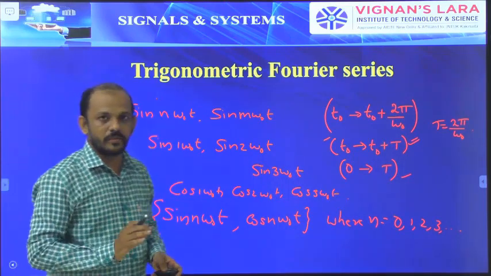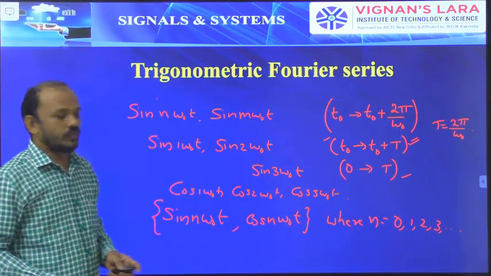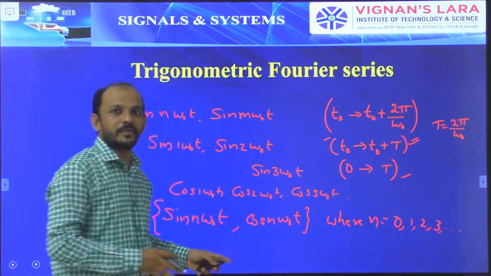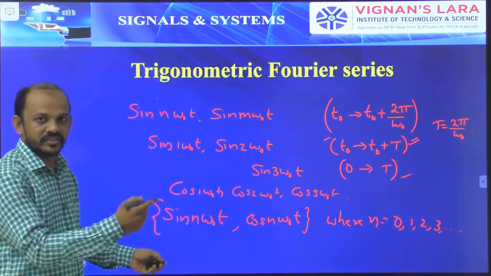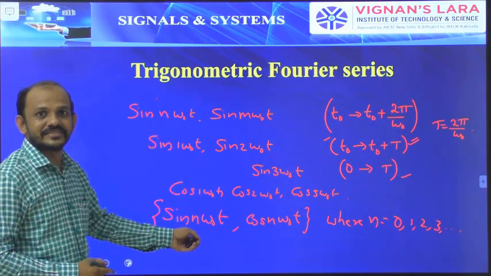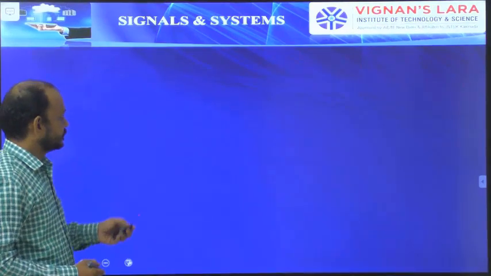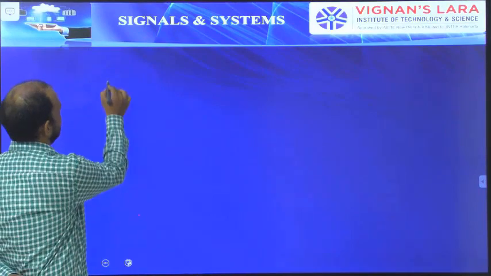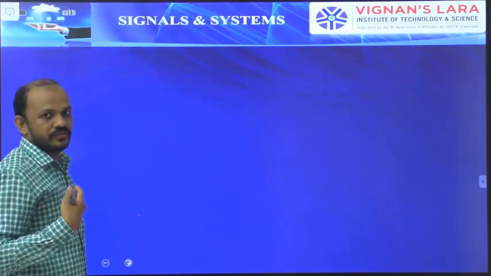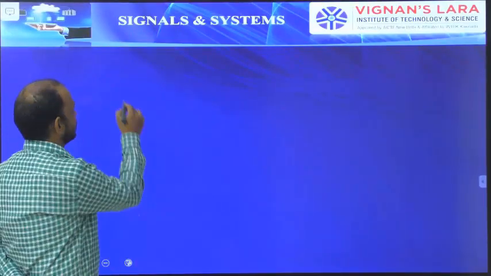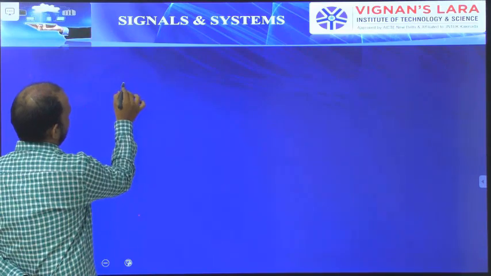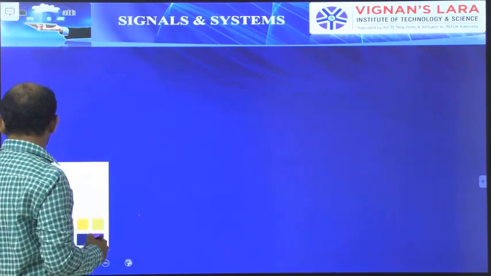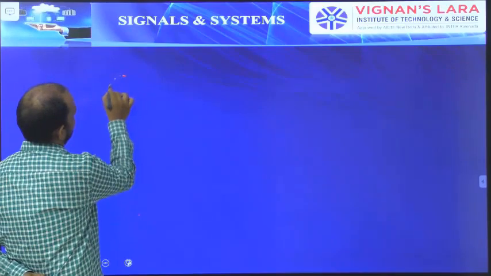So before going to linear combination, first of all you have to know what are the functions that are present in this complete set. Now we will see the complete functions that are present in this set. So in that complete set, the functions are, first I am starting with cos terms and then I will write the sine terms. So first I will start with cos terms.